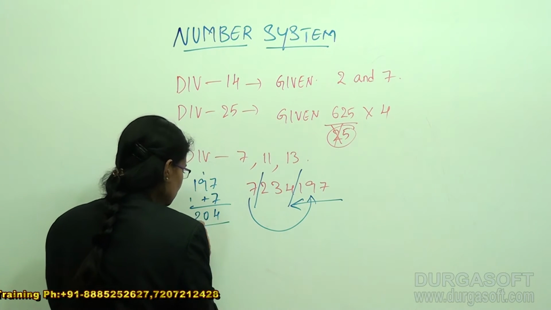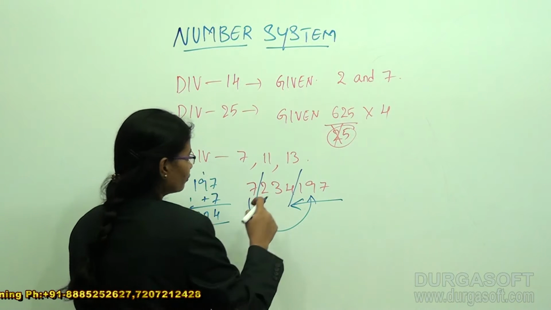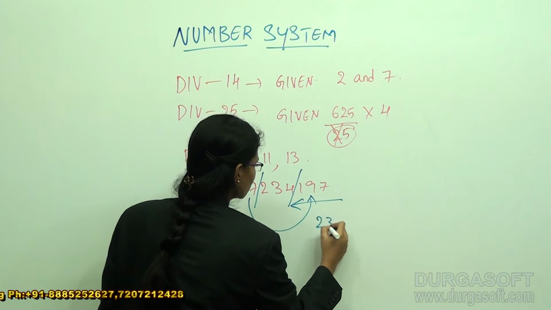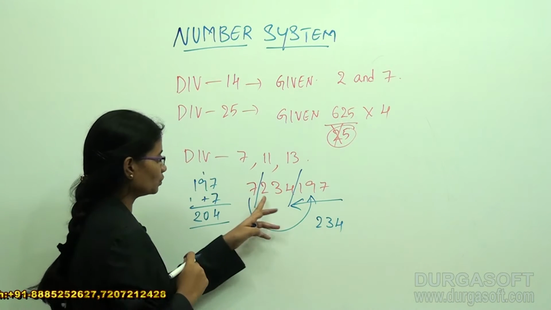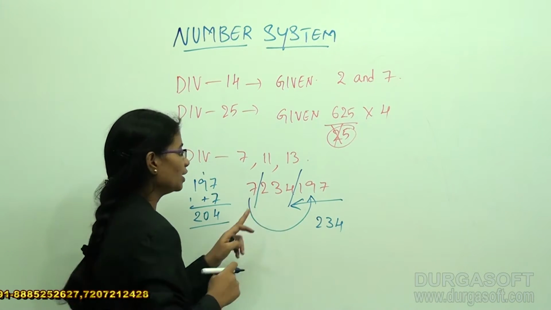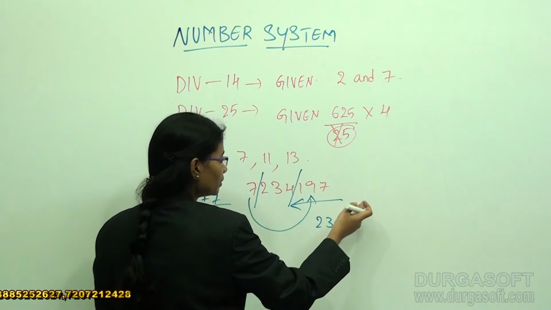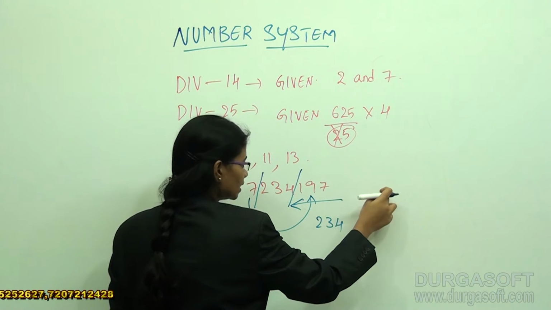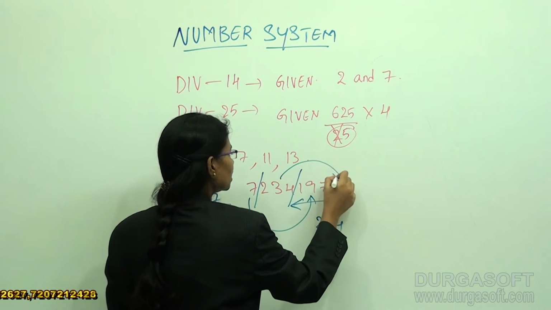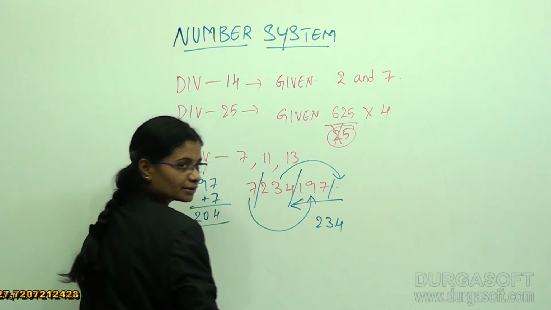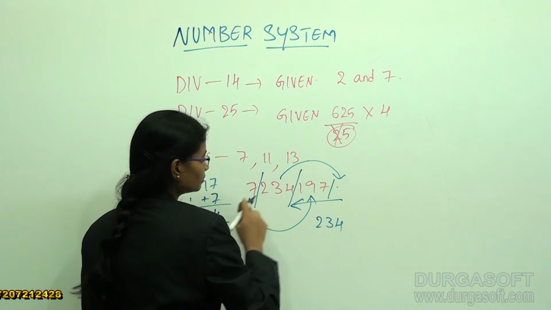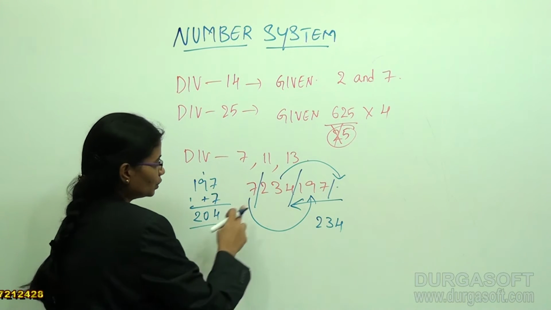Whatever resultant number you have got, take this 234, the leftover number. If there were still more numbers, you could take the next alternative number and add it. As we don't have any more numbers, I am just taking this single number, 234.